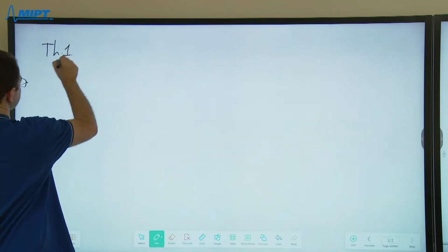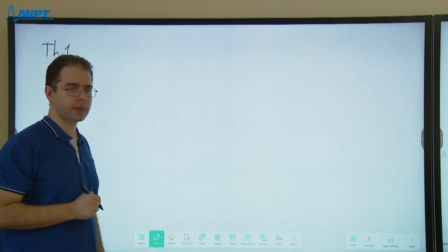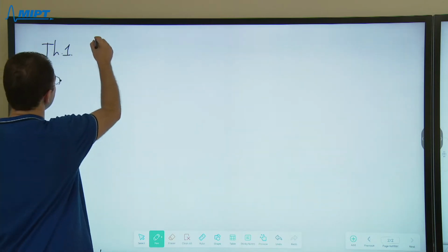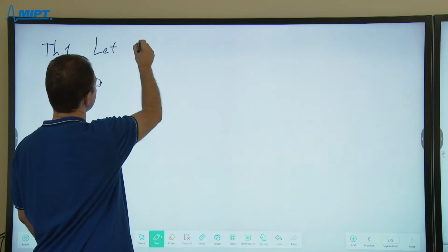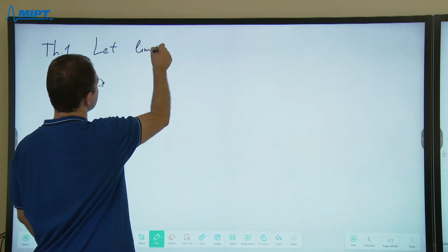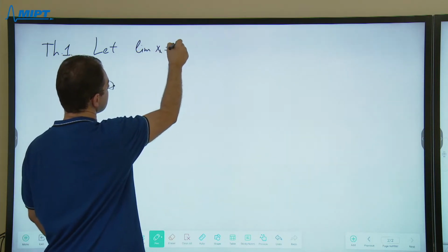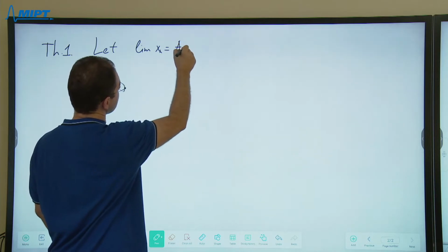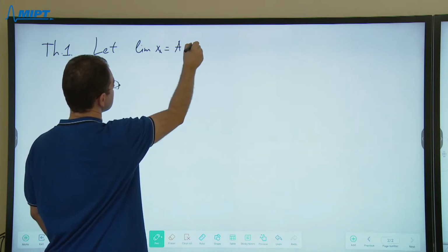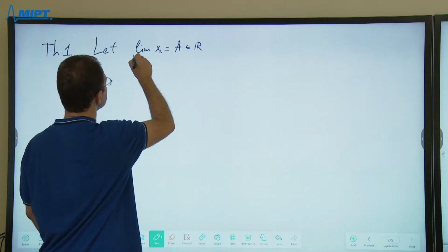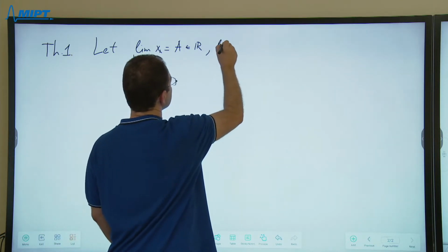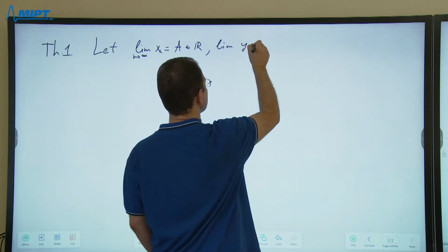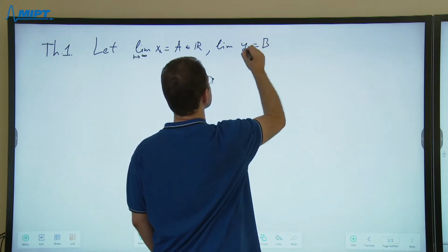Theorem 1. Let the sequence xn have a limit a, a real number, and the sequence yn tend to b.